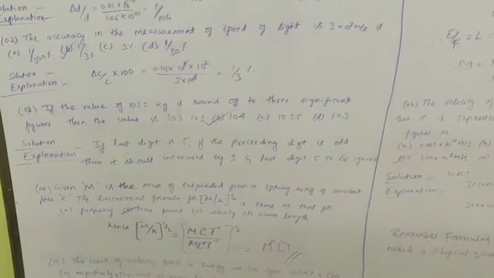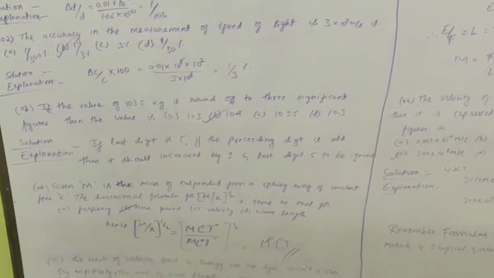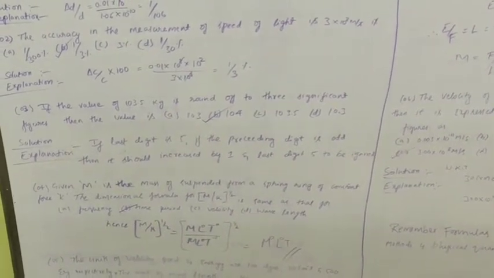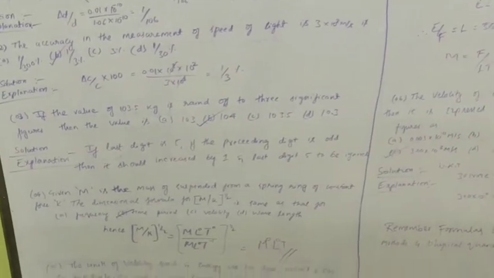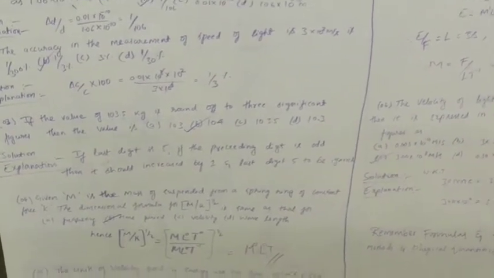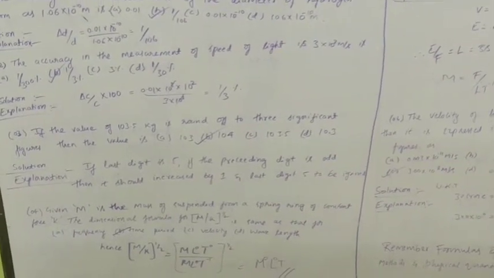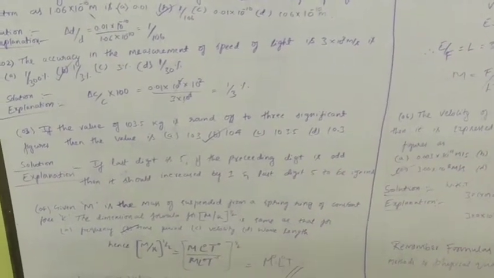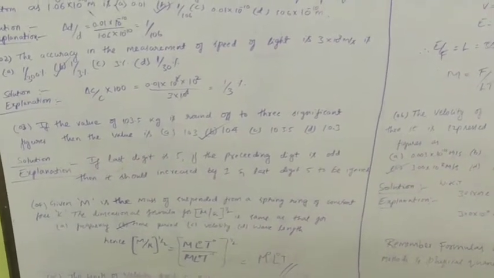Okay, now comes the third one. If the value of 103.5 kg is rounded off to 3 significant figures, what is the value? The options are given. Observe here the value given, to 3 significant figures: 103.5, and the last digit is 5.